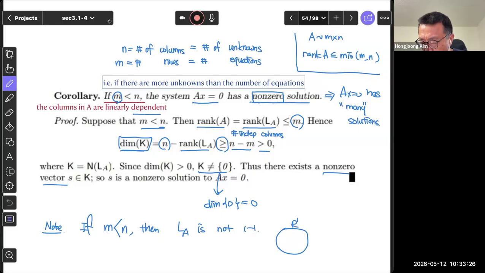From F^n to F^m, zero is mapped to zero and there is some non-zero solution x. So these two are mapped to zero by L sub A, so the mapping cannot be one to one.